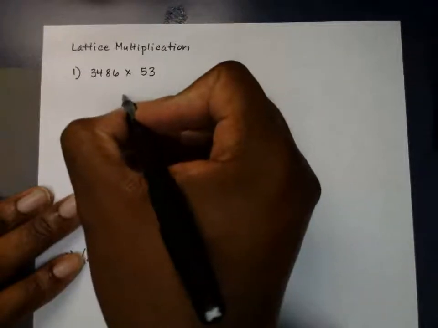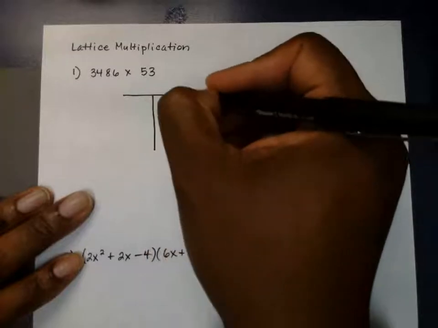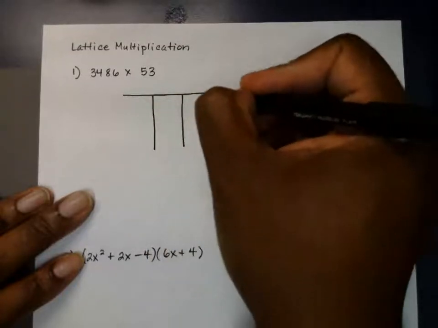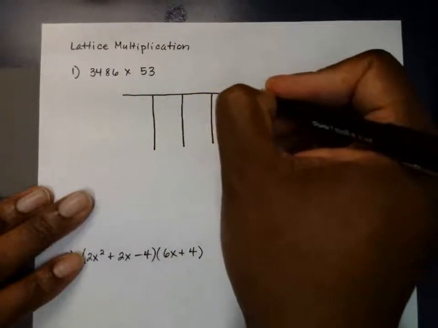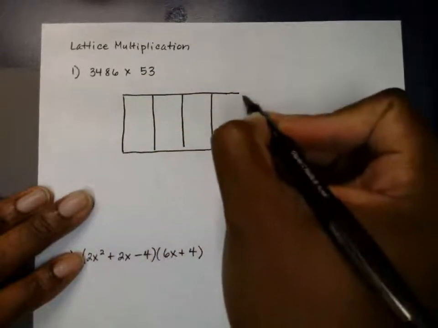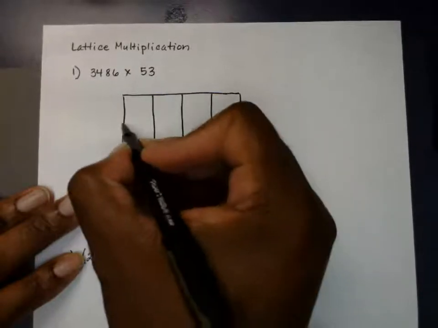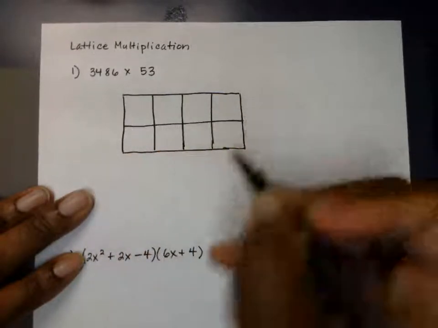So what I'm going to do here is create 4 columns for the 4-digit number. And I'm also going to create 2 rows for the 2-digit number 53, like this.